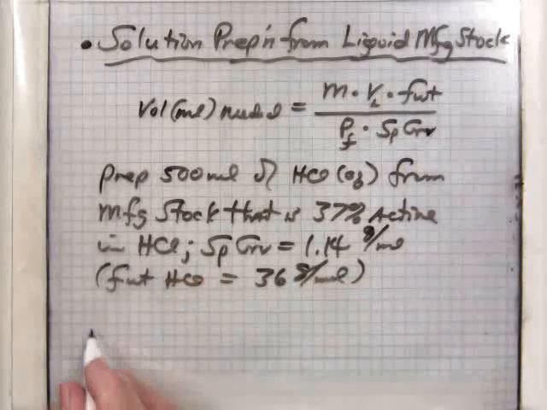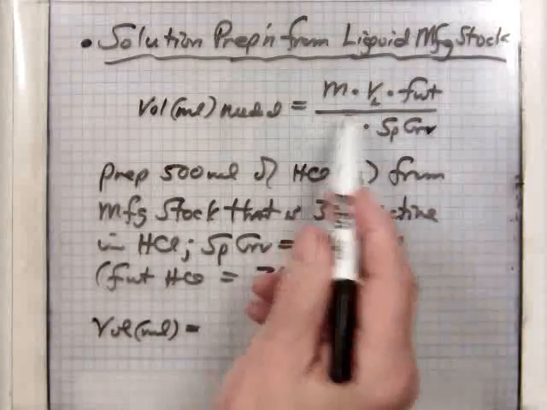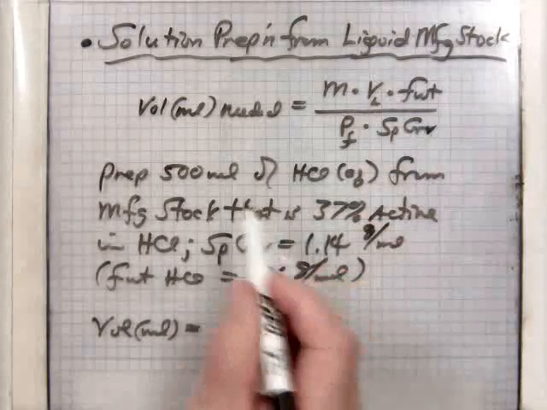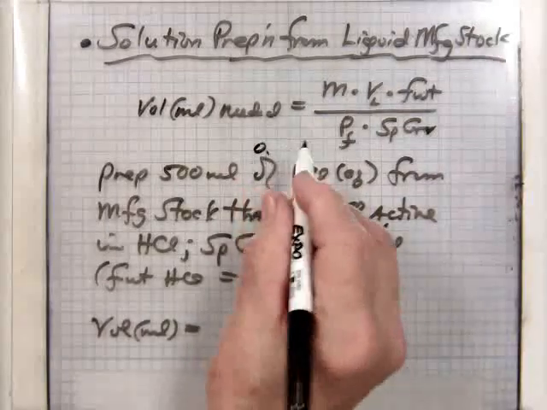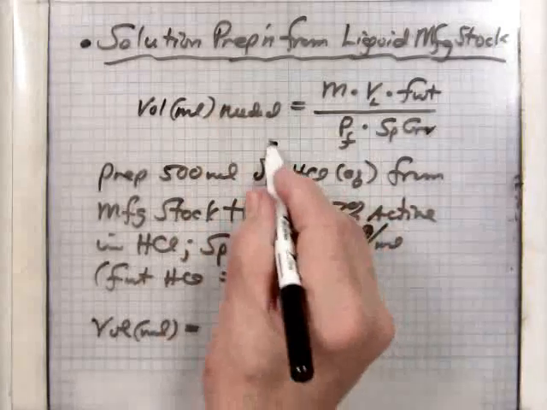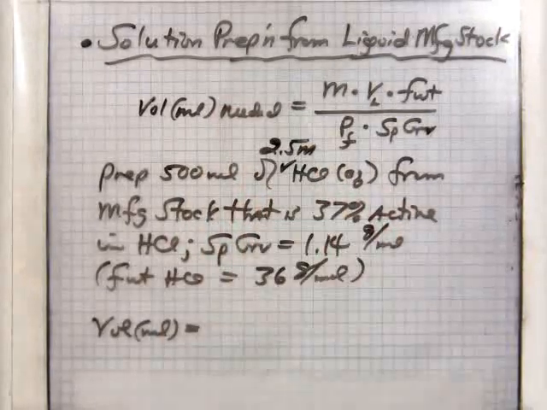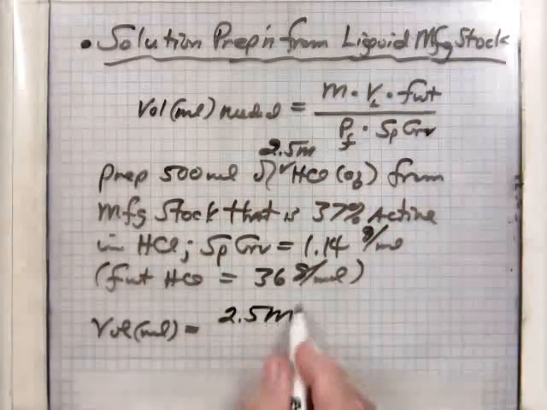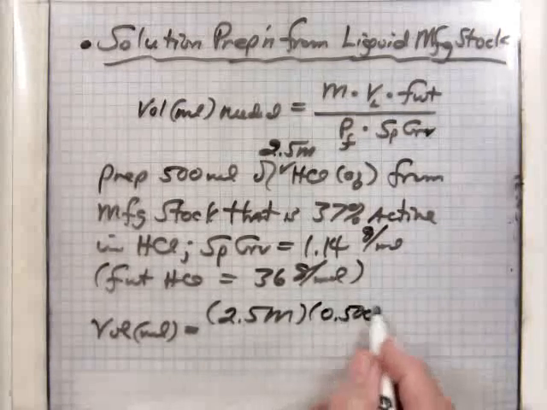So the volume in milliliters that we need is molarity, volume, formula weight, purity factor, specific gravity. So we're looking at making, I forgot to put in the number, let's make a 2.5 molar. I forgot that, sorry. Okay, molarity is 2.5 molar, and we're making 0.500 liters.